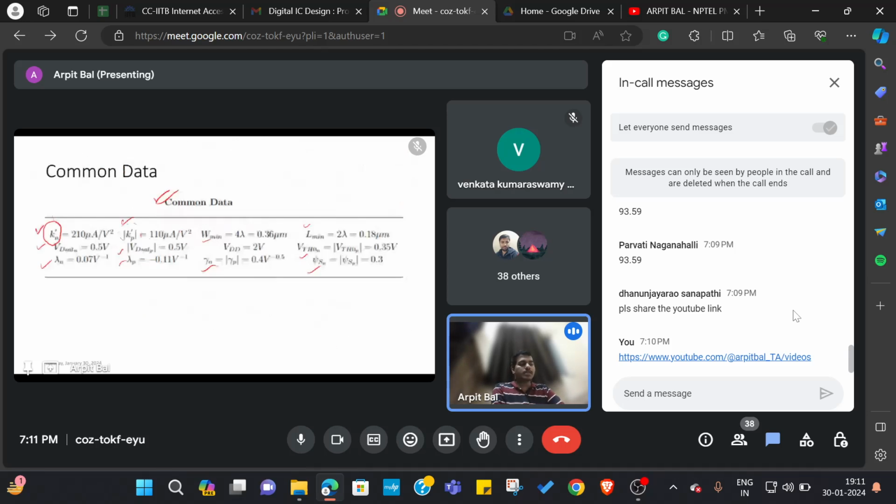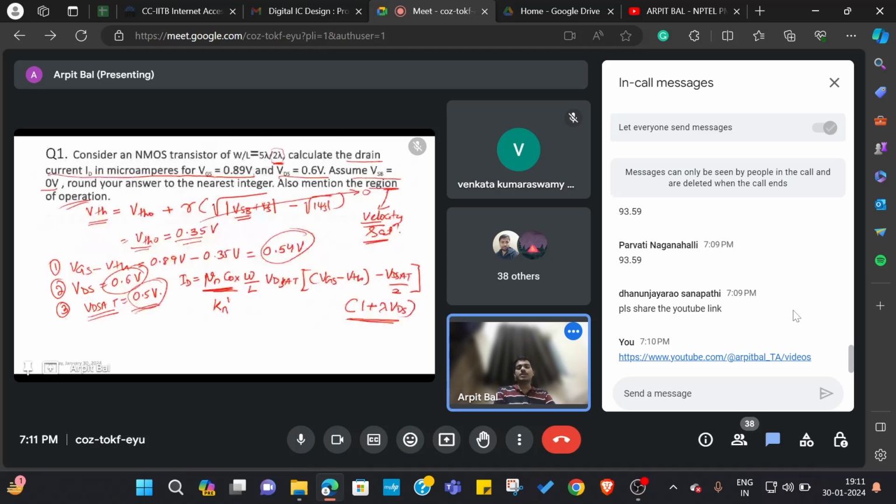In the first question it was given to us that VSB is equal to 0 volt, and we saw that if VSB is equal to 0 volt, the second term involved in the body effect goes to 0. It means there won't be any change in the threshold voltage, so VTH is equal to VTH naught.